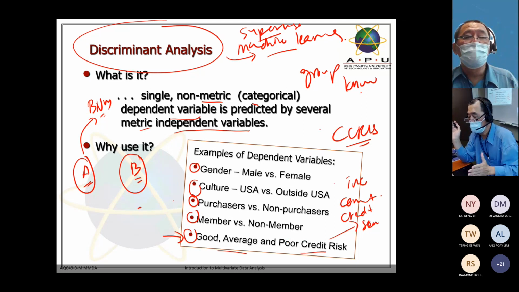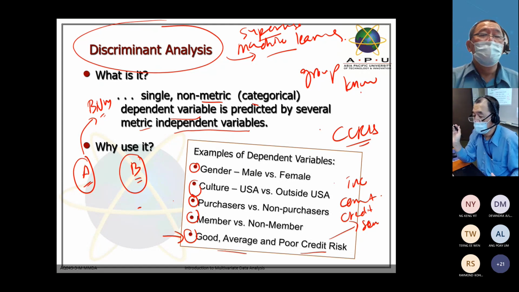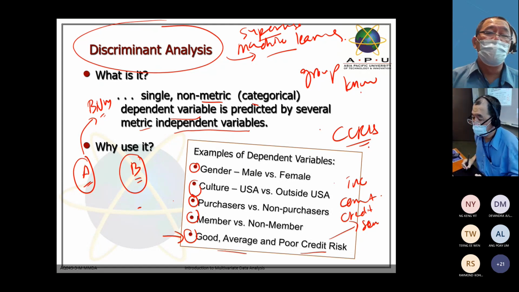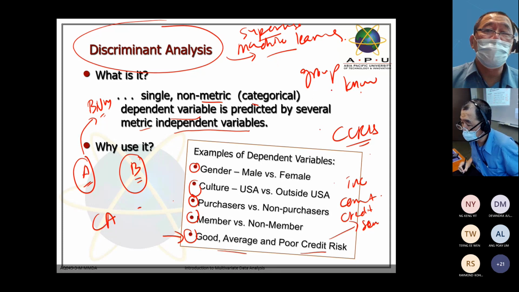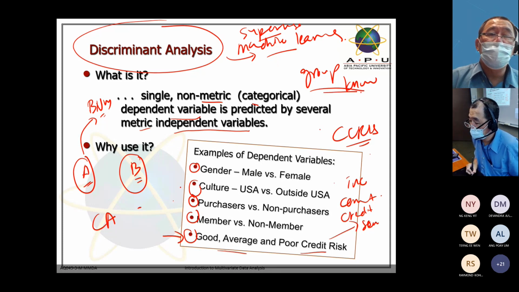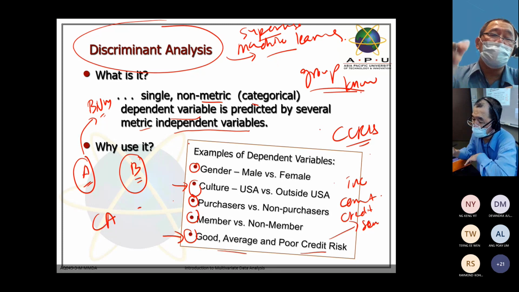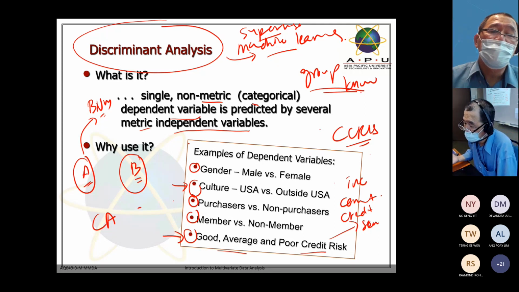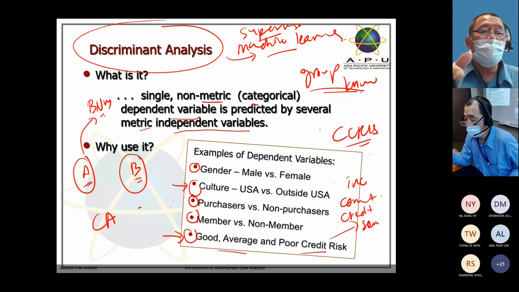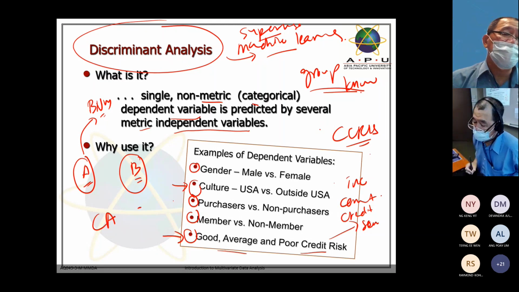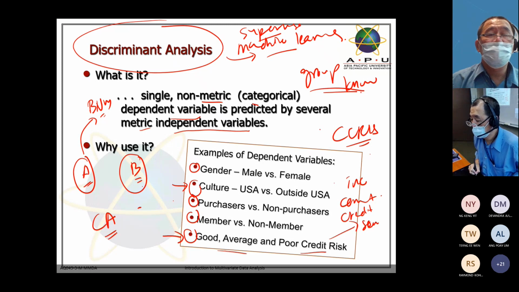If you do not know the groups, then you should use cluster analysis. Again, if you know the group already, for example whether the person follows US culture or outside USA culture, you should use discriminant analysis. If you do not know, you can use cluster analysis.